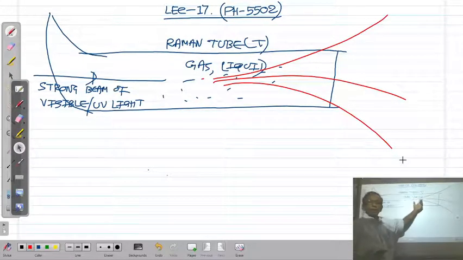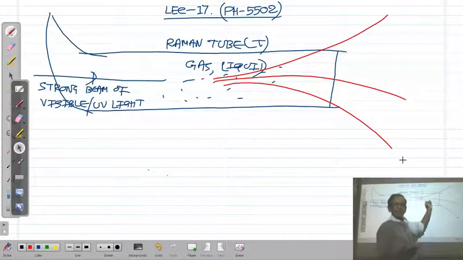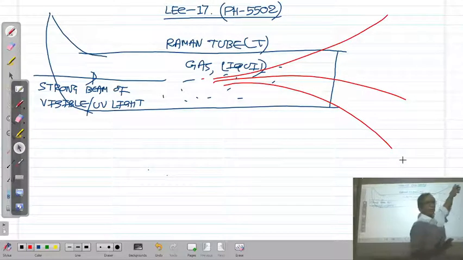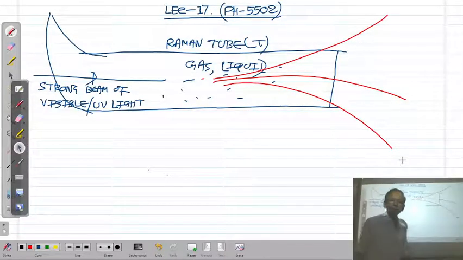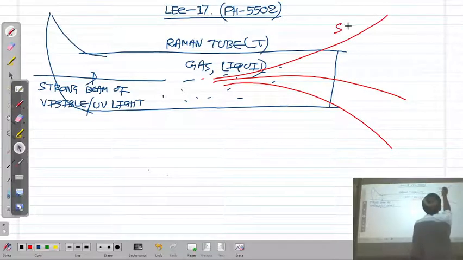The light photons are scattered by the gas or liquid molecules in different directions. A small fraction of the light is scattered in all directions. So this is the scattered light.